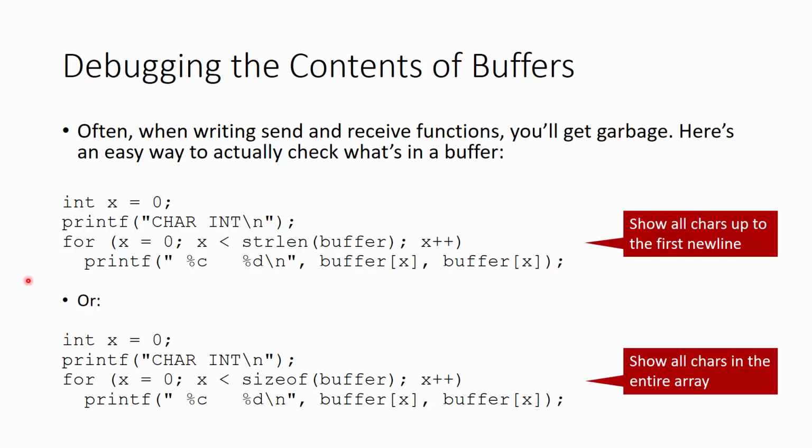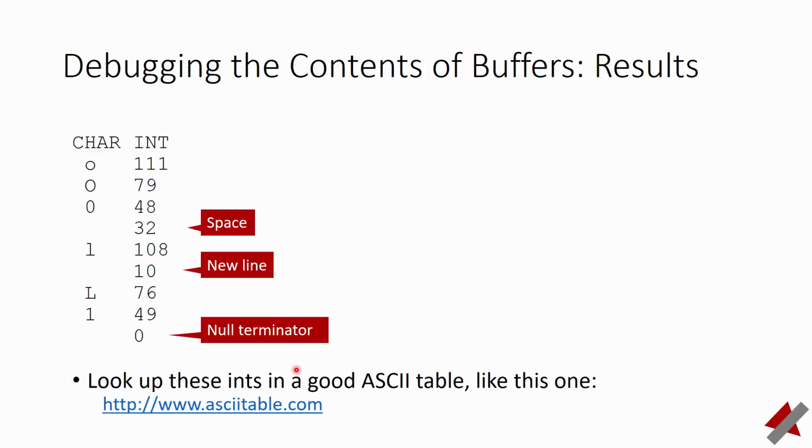This block of code is going to show all characters up to the first new line. It loops through a particular buffer from 0 to the string length of this buffer to show us the contents. The one down here is going to go from the beginning of the buffer through the entire size of it by using sizeof. That will show all the characters in the entire array.